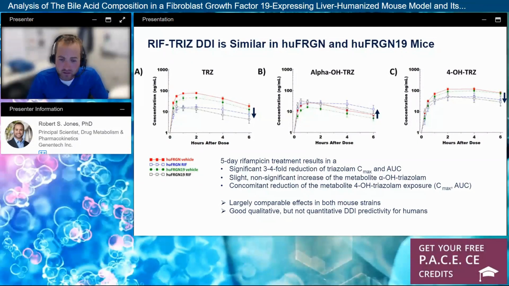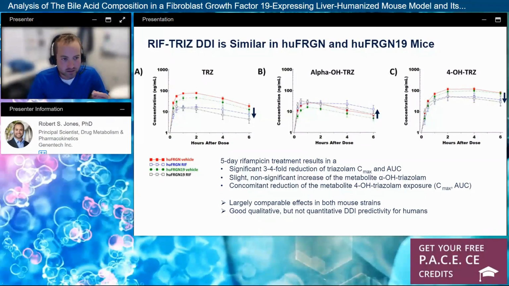In particular, though, largely comparable effects were seen for CYP3A4 DDI interactions in both mouse strains, and we were able to have good qualitative, however, not very quantitative, DDI predictivity for humans. So our suggestion moving forward in using these mice in drug discovery and drug metabolism efforts is primarily centered around using these as a qualitative tool to investigate whether or not there may be a potential drug-drug interaction.